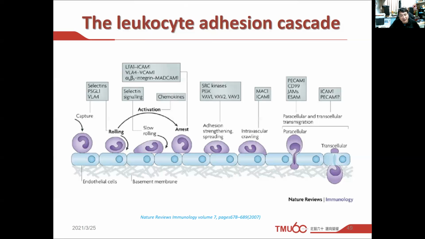Those adhesion molecules will help the leukocytes, especially neutrophils, to cross over the endothelial cell layer, either through the paracellular mechanism, migrating between two endothelial cells, or directly through one single endothelial cell, which you call the transcellular pathway, into the tissue.